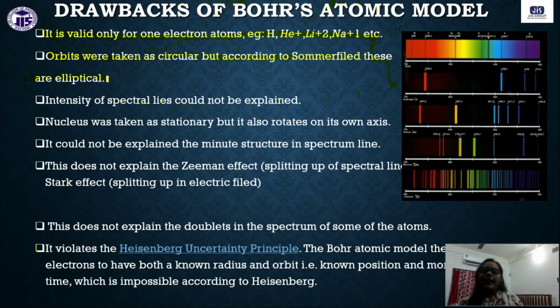According to Bohr's statement, all the electrons revolve around the nucleus in circular orbits, but that is not correct. That is why after Bohr's model we got the Sommerfeld atomic model, which explains that electrons do not revolve around the nucleus in circular orbits.